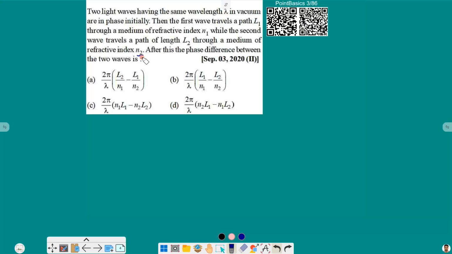So we have to find the phase difference. Now here we know that phase difference delta phi is equal to 2 pi by lambda into the path difference, delta x, and actually this delta x is the optical path length. So basically we have to calculate the difference in the optical path length.